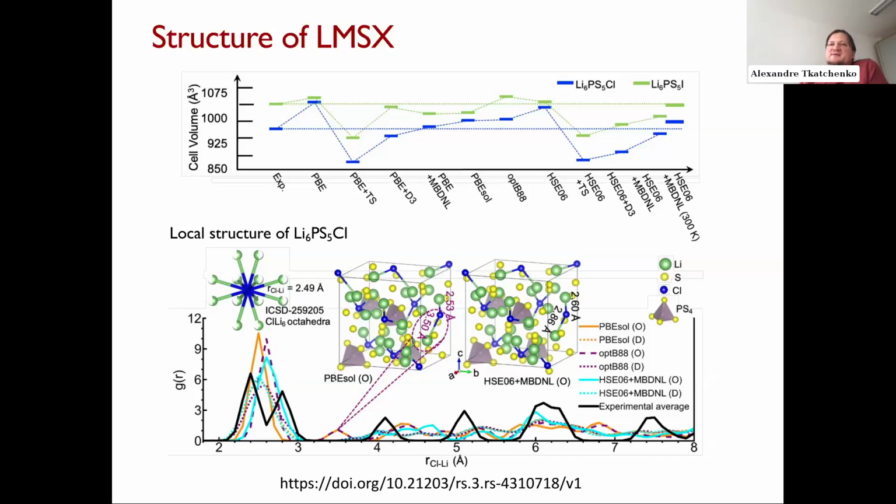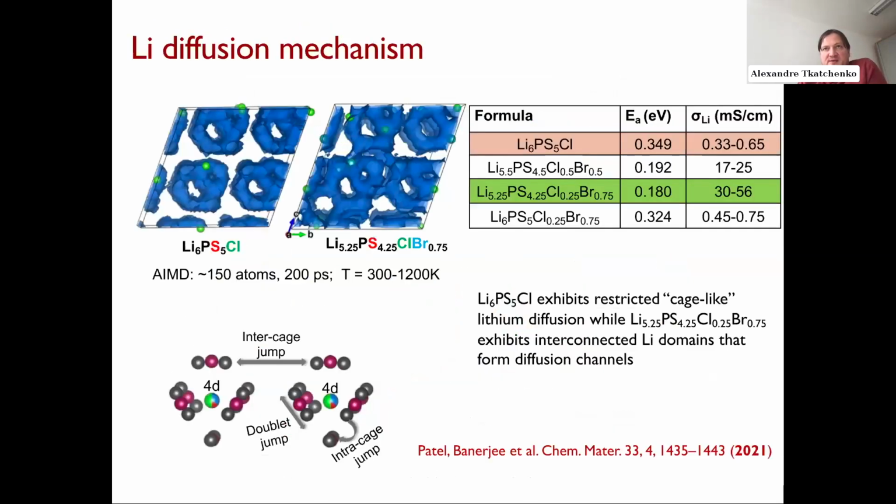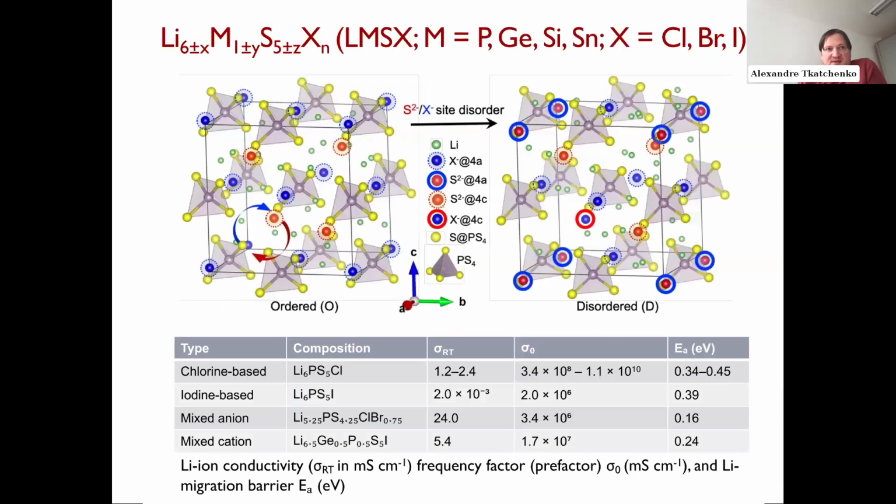So the disorder is actually a natural phenomenon that happens in these materials, and in fact, because the highest mobility is observed in these mixed anion materials, disorder is something that actually helps. The disorder is specifically between the halogens and sulfur. That actually helps to maximize the mobility.